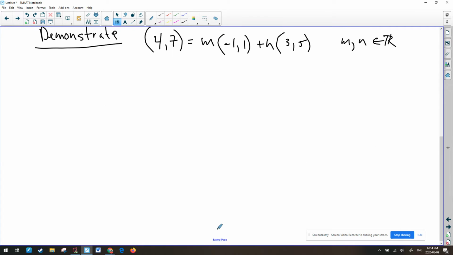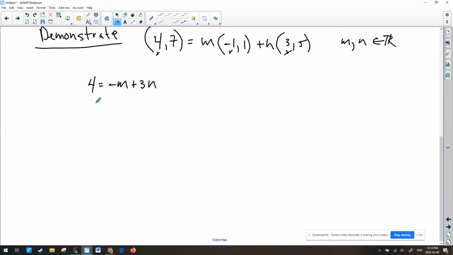So to demonstrate this algebraically, this is what we're going to need to do. Well, this is the x-coordinate, x-coordinate, x-coordinate. So one equation we can get out of this is we can say, well, 4 is equal to -M plus 3N. So there's the x, and the x.